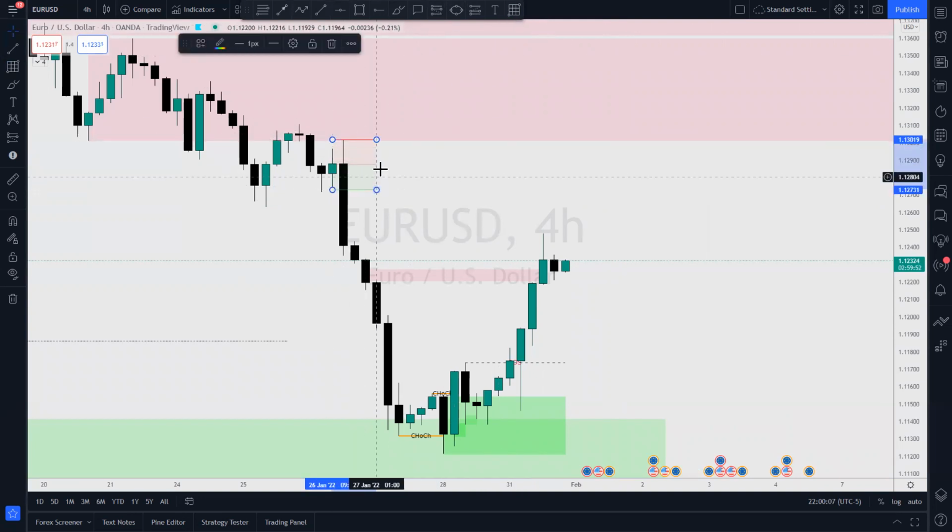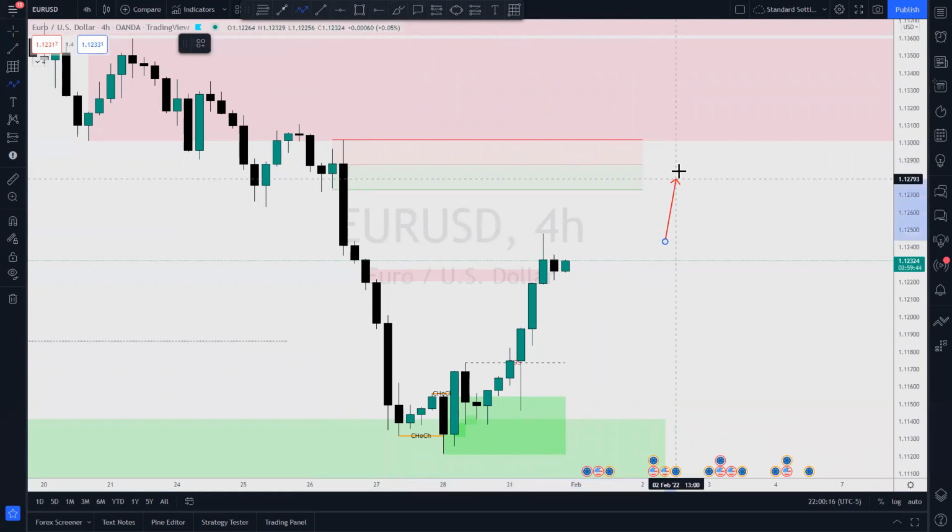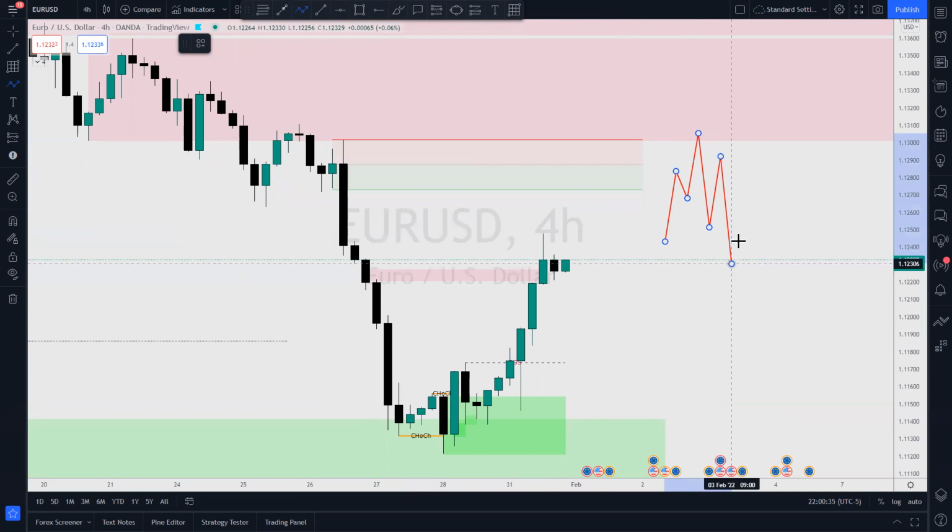I'm looking for price to come up here and give me one of these on the lower time frame, that quasi that I always look for: a higher high, a low that breaks the higher low that broke that high here. I need that higher low to be broken, and then a return to impulse. That's what I'm looking for.